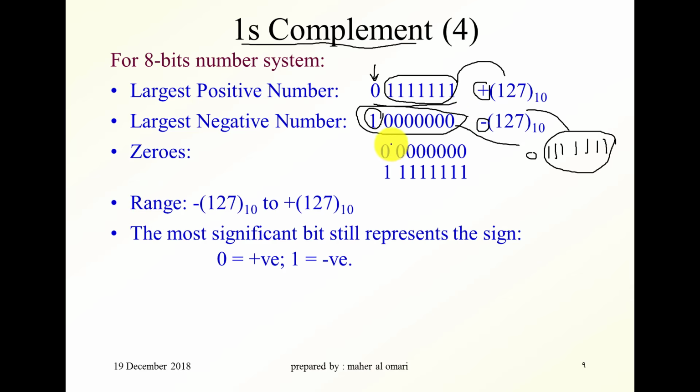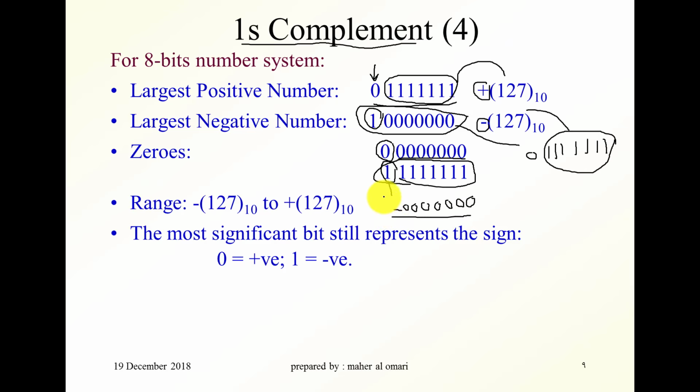The 0 can be represented as a positive 0, and as a negative 0. It has two representations, because if you look at this number as a ones complement, this is a minus, and then you take the ones complement for this number, which is 7 zeros, so this is a minus 0.